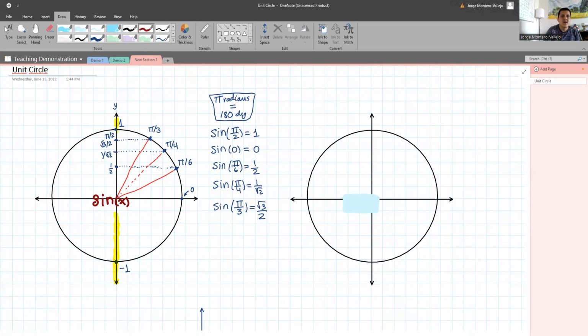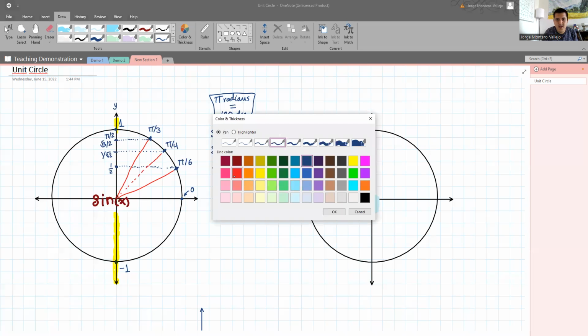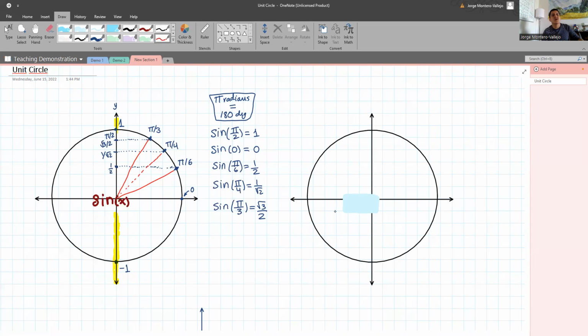Yeah. Okay, now, why do I say that these angles are enough to remember the other sine values? Well, let's say you are told to find sine of 120, right?